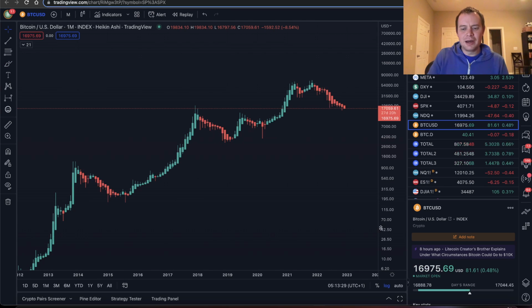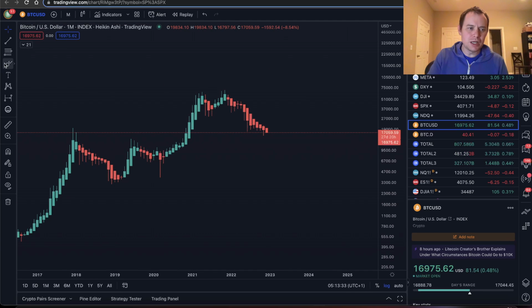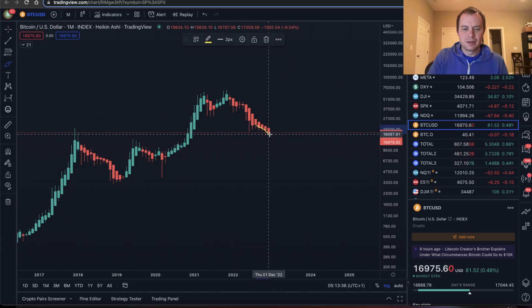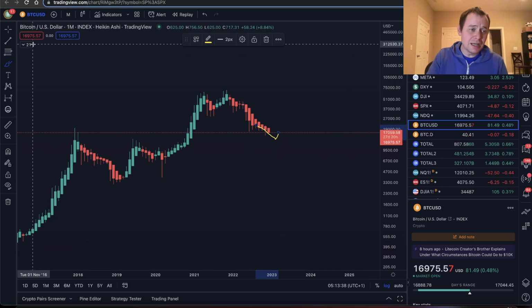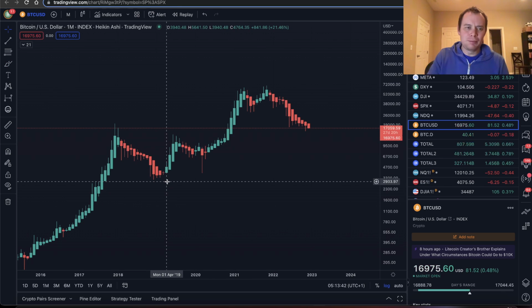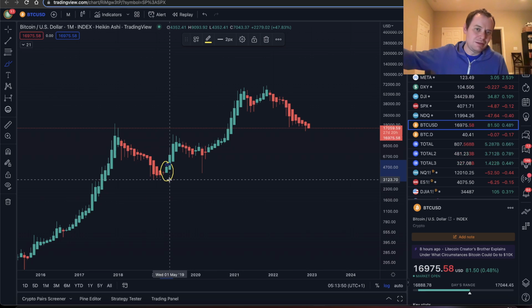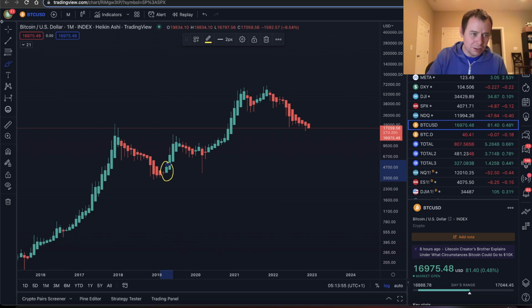So that's why I think it's somewhat relevant to think about that as we get into 2023. At some point, we're likely looking at some green in the monthly Heikin-Ashi candles. And if you go look at prior bear markets, in 2019 it took until April to see that green monthly Heikin-Ashi candle. So if you were to make a comparison, you could argue April of 2023.